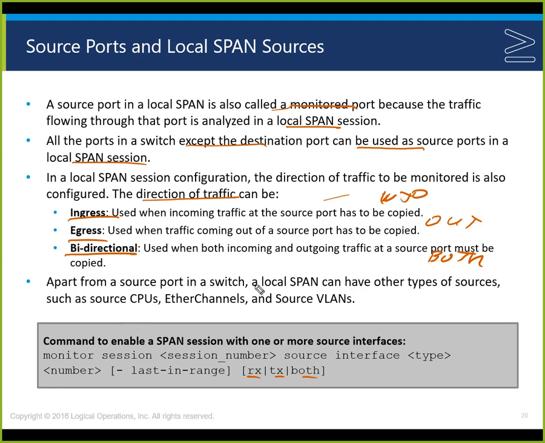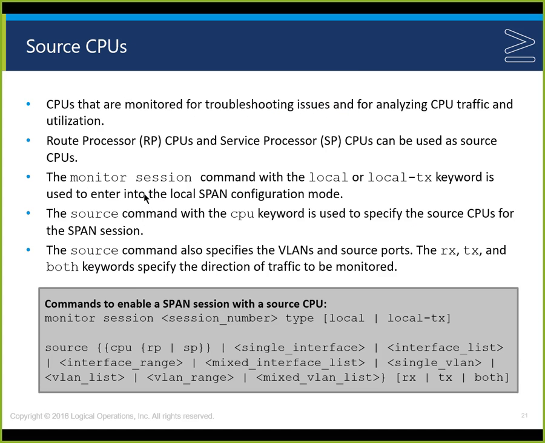Other types of sources, CPUs, EtherChannels, and source VLANs, can all be monitored with the switch port analyzer. Source CPU, and CPUs are monitored for troubleshooting issues, analyzing CPU traffic.